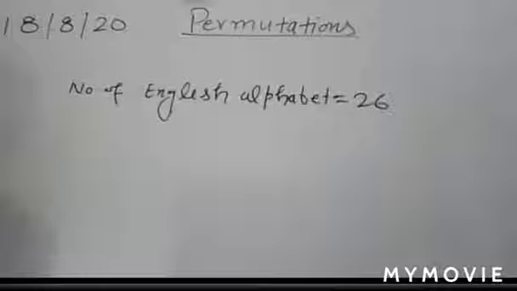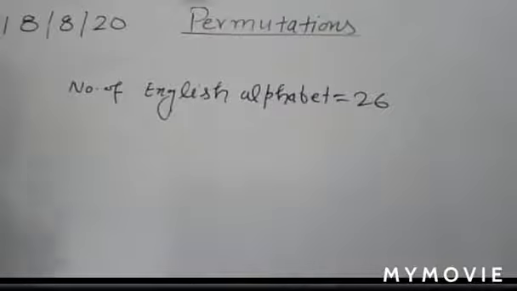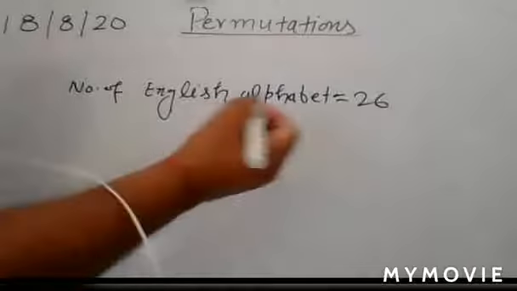As per the question, you have to choose any two English alphabets and arrange them. So here you have to apply permutation, which can be done by 26P2.